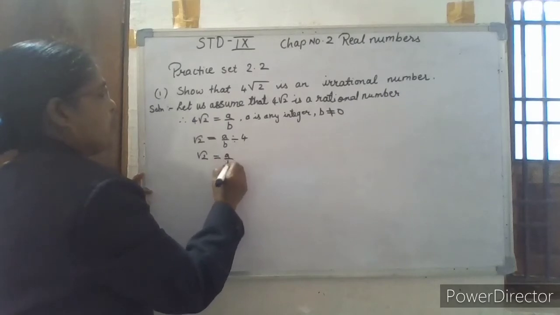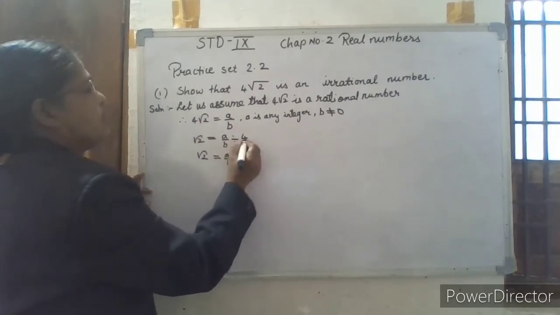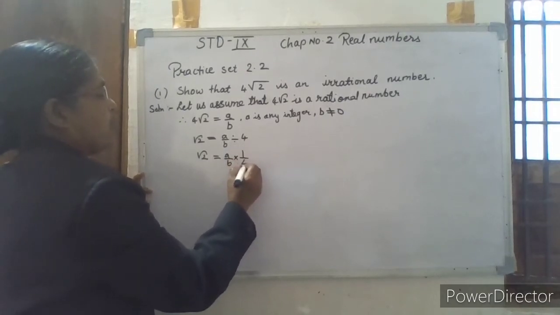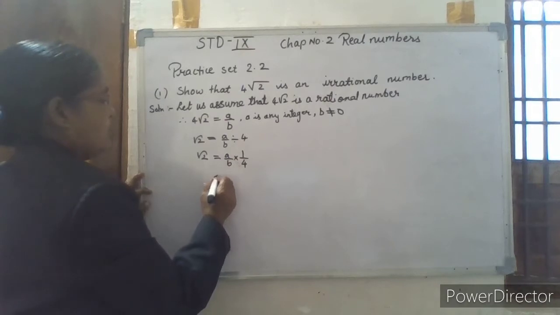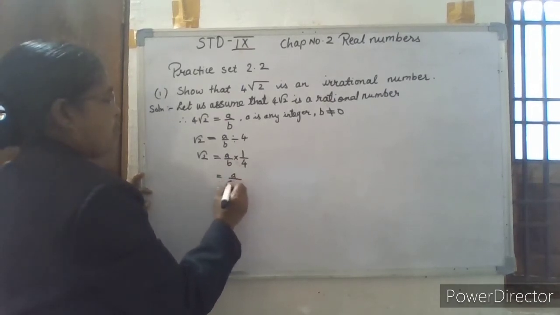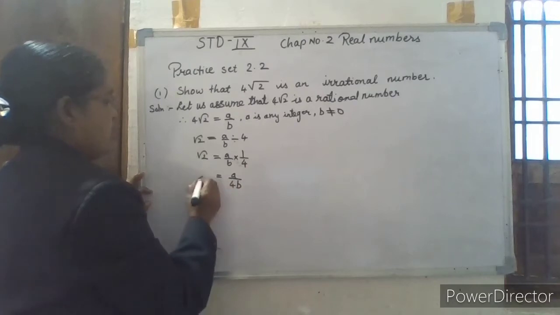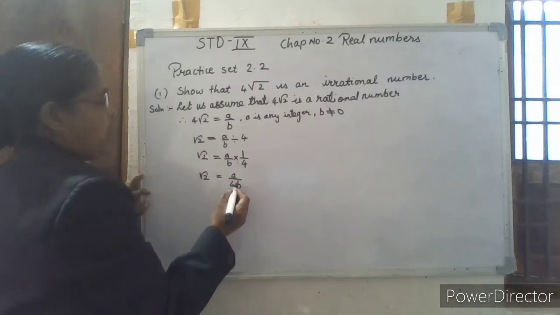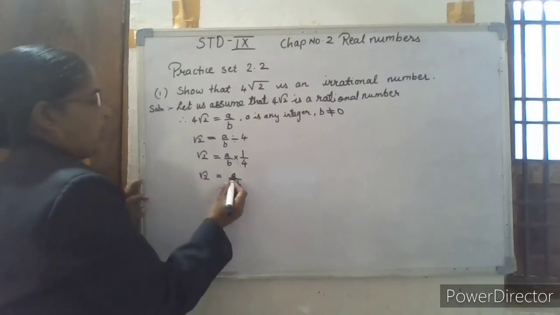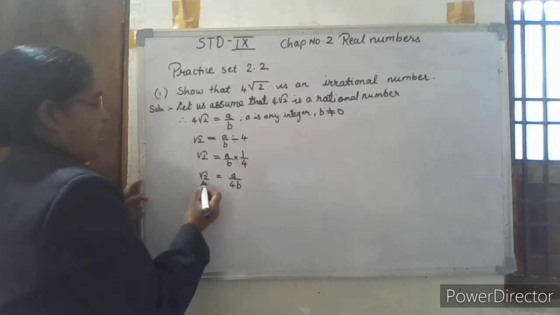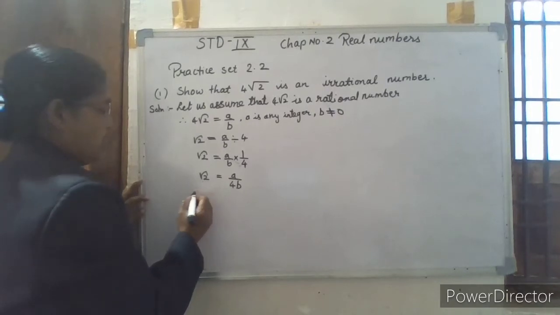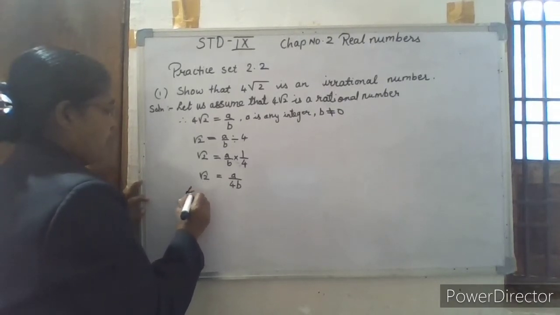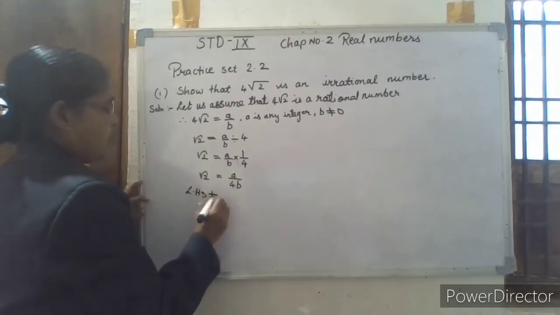a by b. We cannot do division with a rational number, so we have to take the reciprocal and multiply 1 by 4. This is equal to a by 4b. That is, root 2 is equal to a by 4b. Now, a by 4b is a rational number and root 2 is an irrational number. So, left hand side is not equal to right hand side.